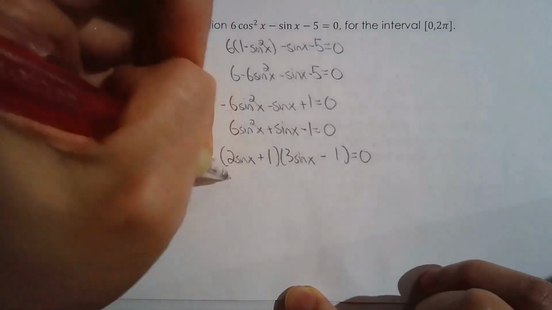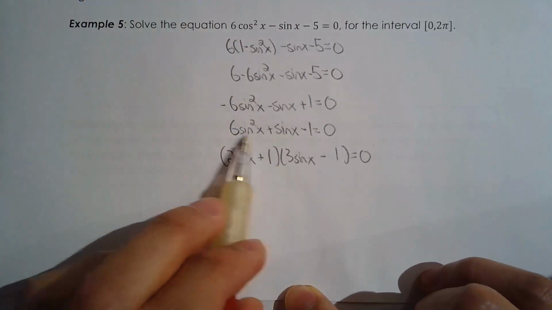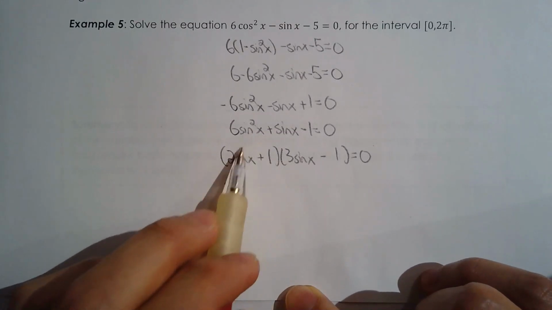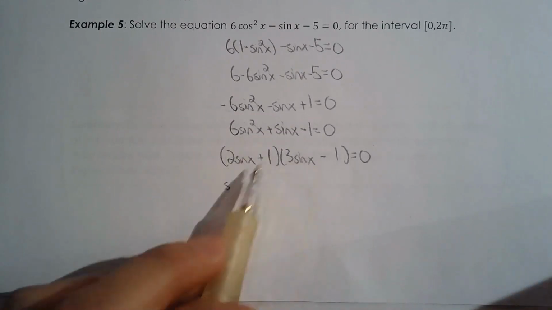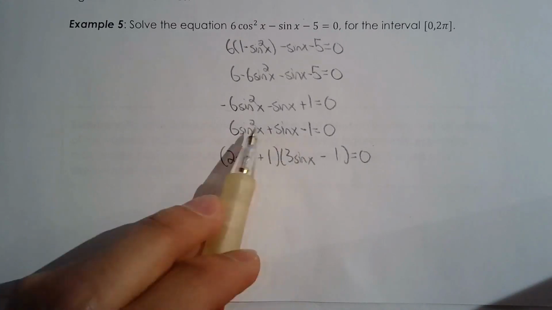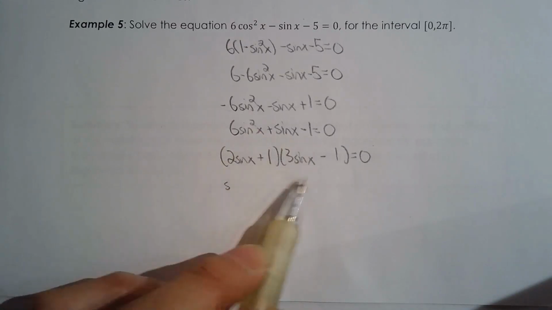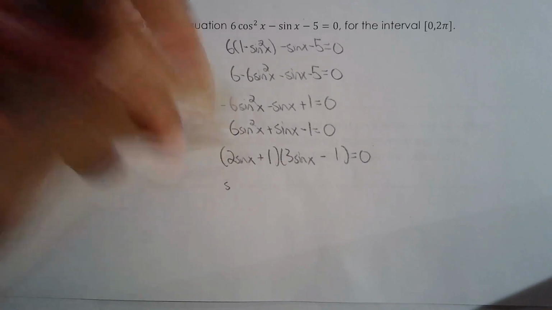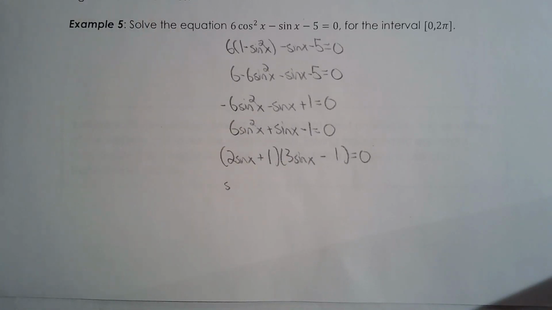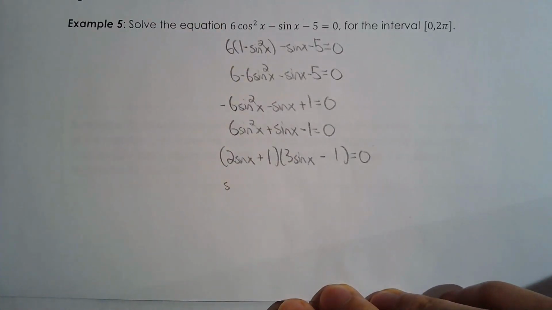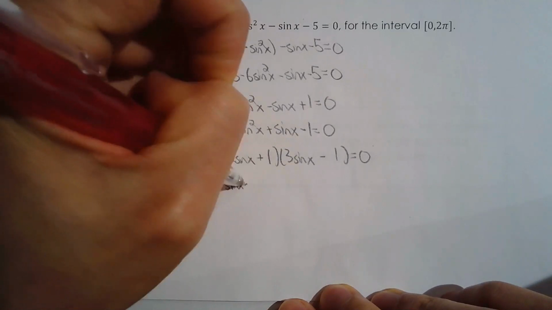By the way, I didn't use substitution. I didn't let, for example, sine x equals y. I can see the quadratic equation, and I don't need to do that. But if you have a preference and you want to write let sine x equals y and then factor the quadratic equation, go ahead. I personally don't do it, but I'll leave it up to you. And you can see lots of these questions in the homework sheets and in the textbook. As long as you get the right solutions at the end, I don't really mind.